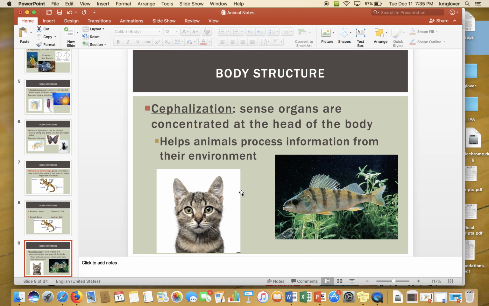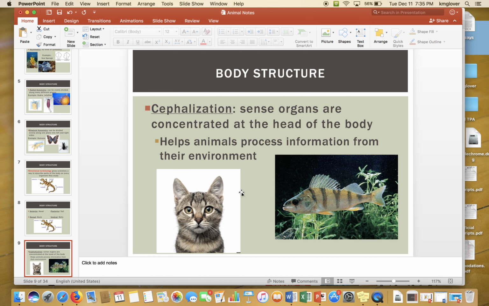Whenever you touch something really hot, your sense organs are going to send that information up to your brain, and your brain's going to process it, and you are going to take your hand off of the burner. So this just means that animals process information from their environment through their brain, and that's what we call cephalization. So on your sheet, you should have cephalization is sense organs concentrated at the head of the body.